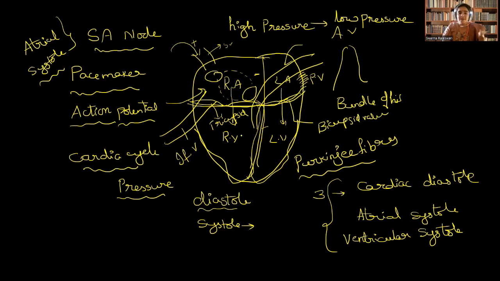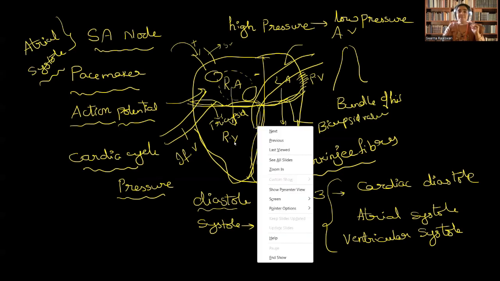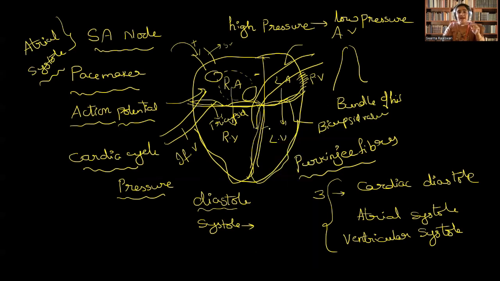Okay. So now the pressure in the ventricles increases. When the pressure in the ventricles is increasing, what happens? The blood has to flow somewhere. So now, due to the increase in the pressure in the ventricles and decrease in the pressure in the pulmonary artery as well as the aorta, the semilunar valves which are present near the pulmonary artery and the aorta now open.